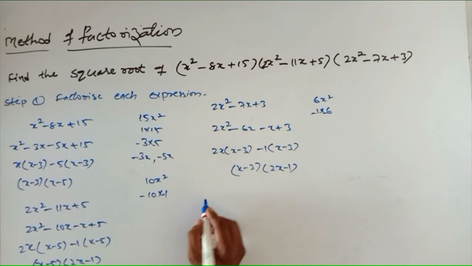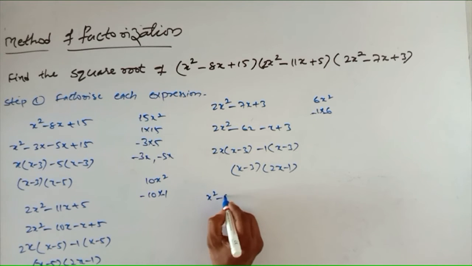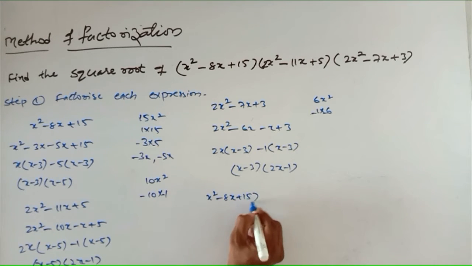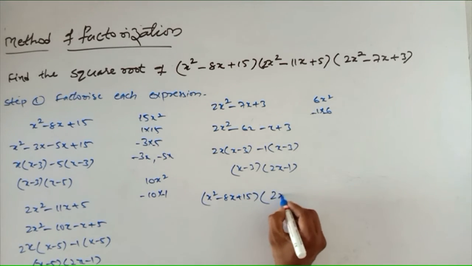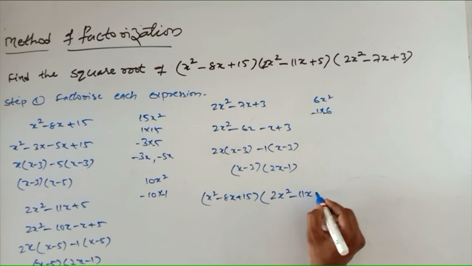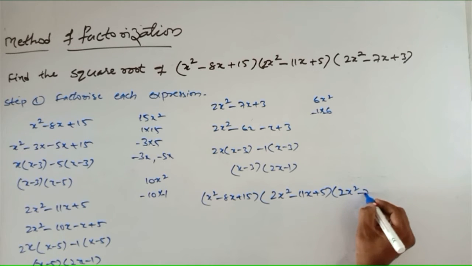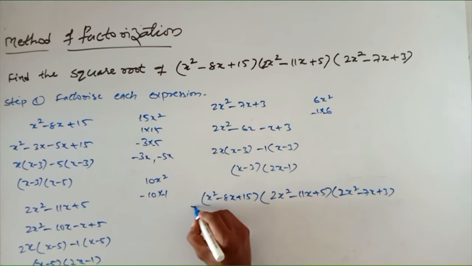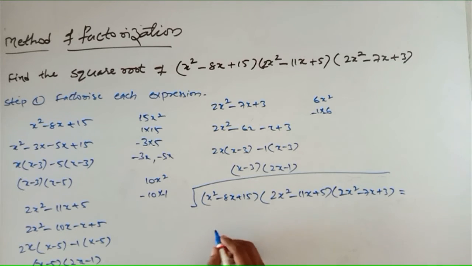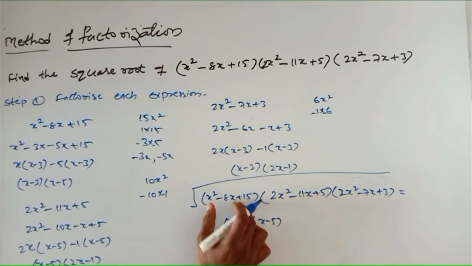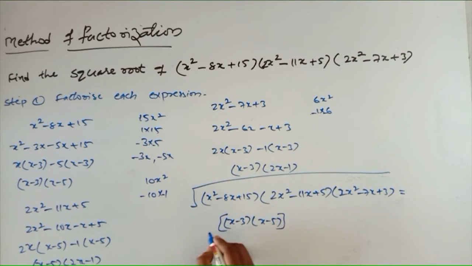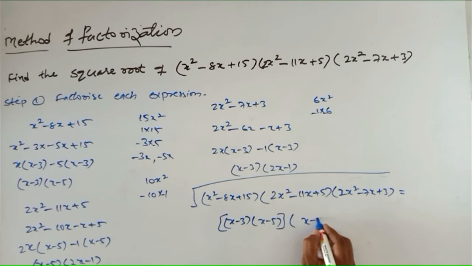Now the square root of x square minus 8x plus 15 into 2x square minus 11x plus 5 into 2x square minus 7x plus 3 equals, I am writing all the factors. First one is x minus 3 into x minus 5. Next is x minus 5 into 2x minus 1.